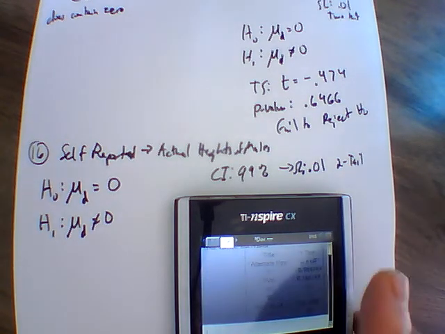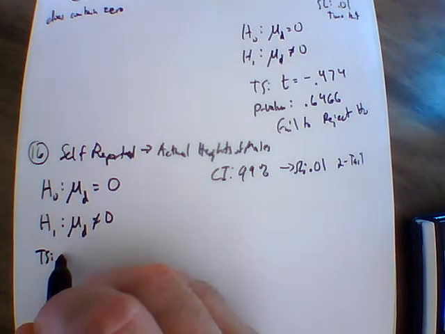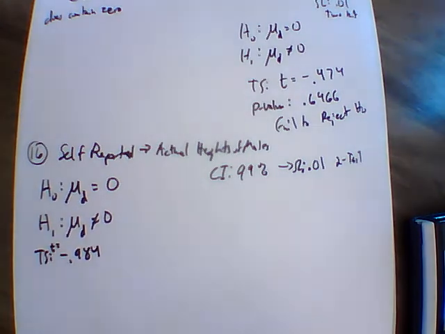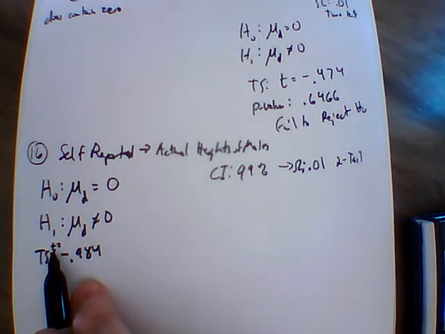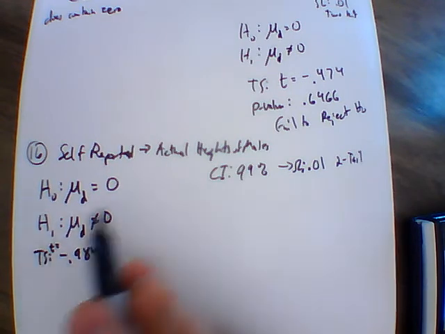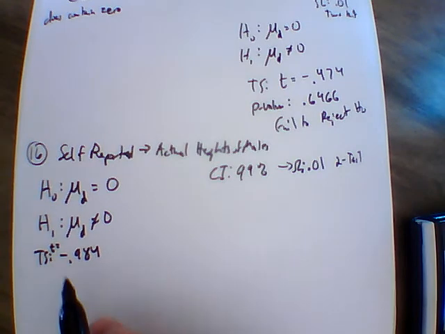So then we come in here and we see that we have a test statistic of negative 0.984. I should go t equals in there. Always want to state what value we're using, because remember, for that mean, sometimes we could have z if we knew population standard deviations, which is very rare, so that's why it's a t in here.